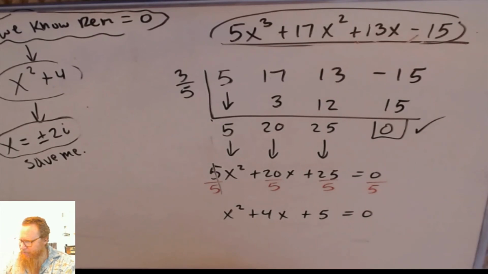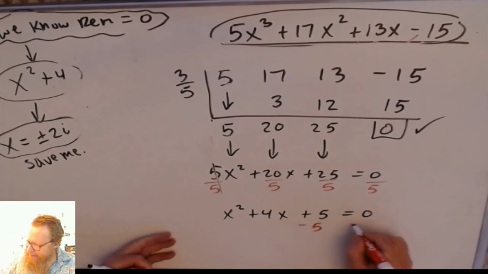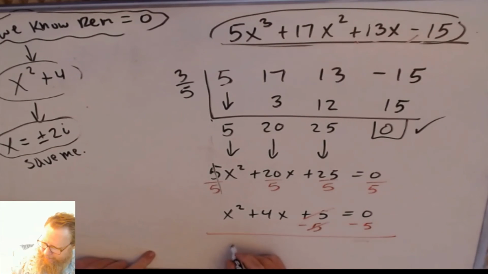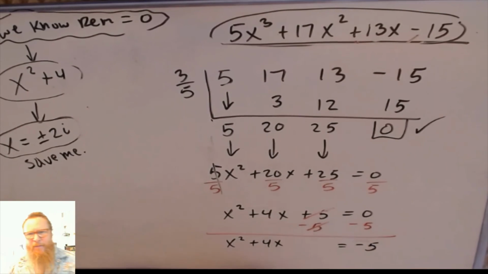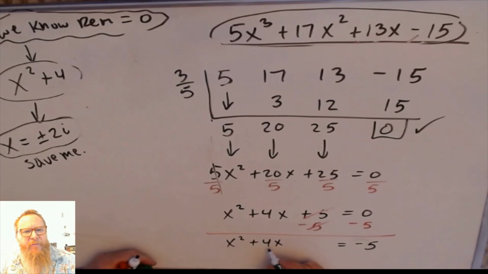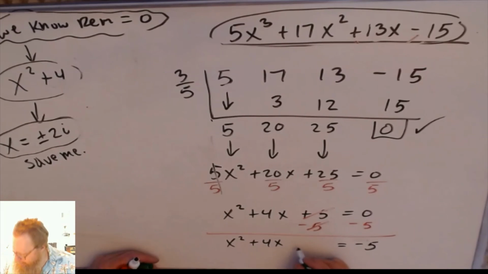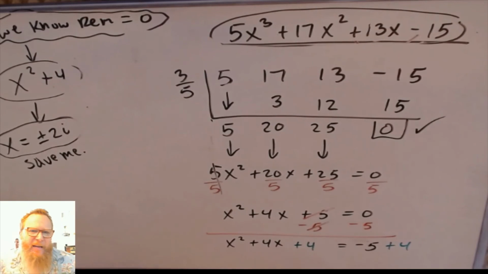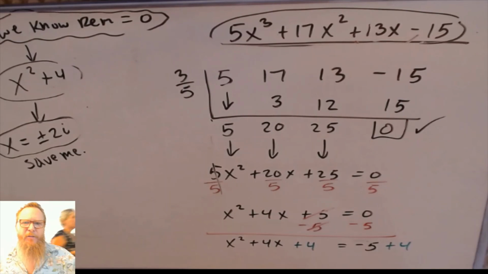So I'm going to move the 5 onto the other side. All right. I'm going to complete the square with half of the middle term squared. So half of 4 is 2. 2 squared is 4 again. 4 is the most perfect of all perfect squares.